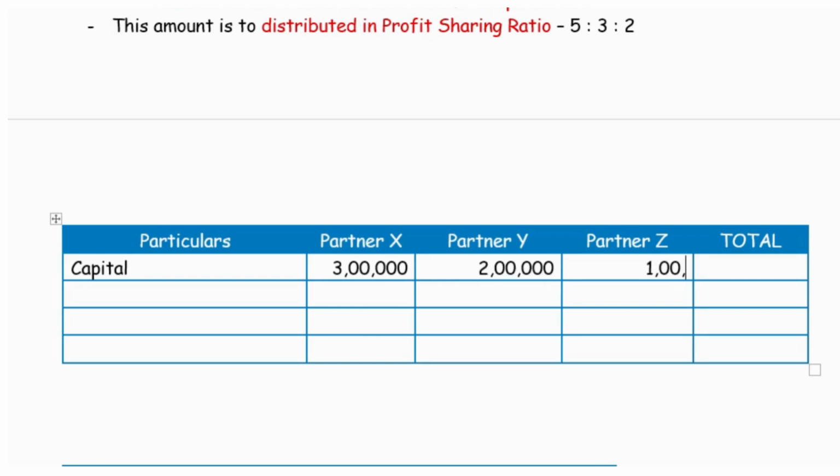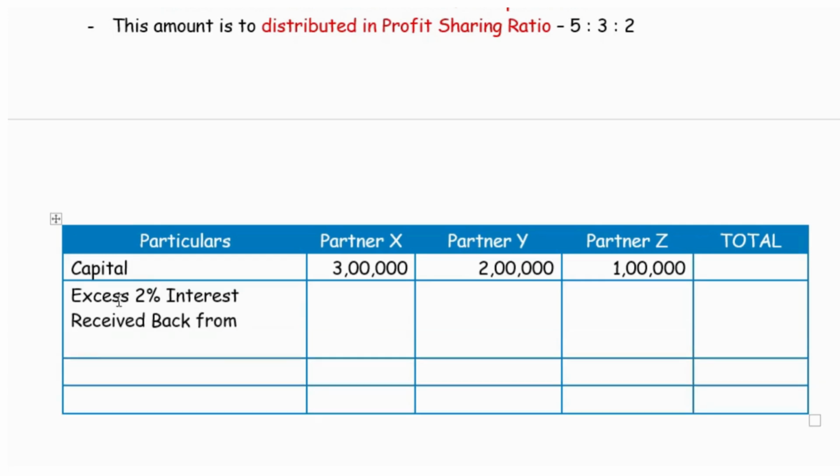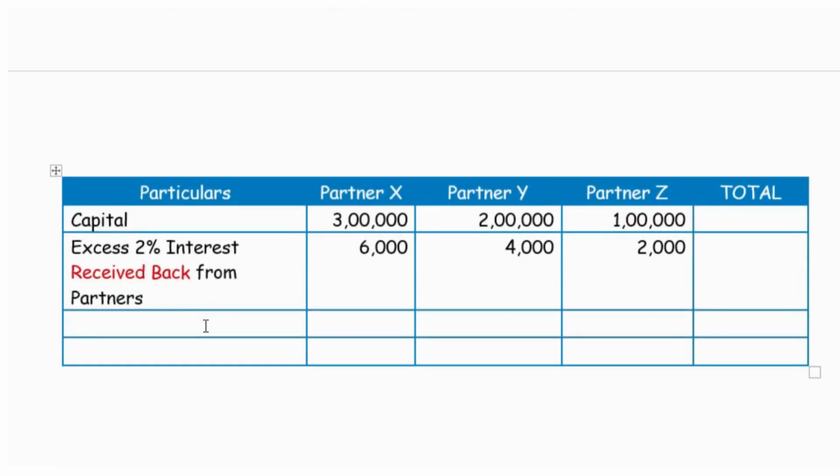The next partner, the capital is 1 lakh, and excess 2% interest, that is interest on capital, is to be received back from partners. 2% on 3 lakh is 6,000, 4,000 and 2,000. This is to be received back from the partners. That is, their account will be debited with this amount. And totaling this amount that is to be received back from the partners, it comes to 12,000.